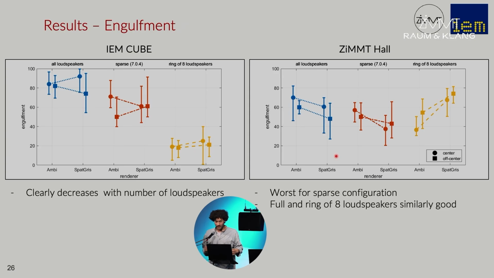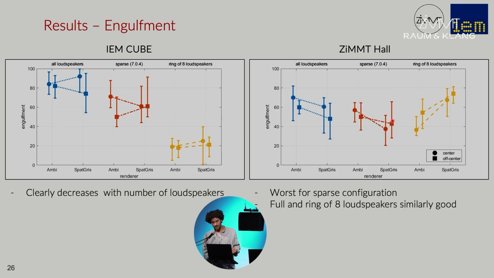In terms of engulfment, which is the coverage of sound, so quite similar to the last attribute, we could see the same effect. It does not depend on the rendering, but on the layout for all the tested conditions. At the IM cube, we could see a clearly decreasing number with the loudspeakers going down here, and it's pretty much worst for the 8 line array loudspeakers.